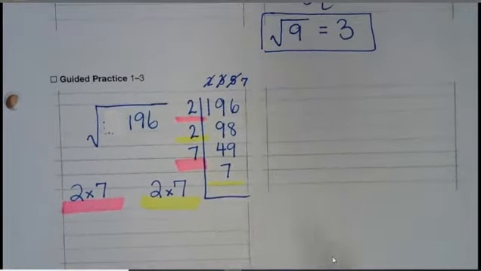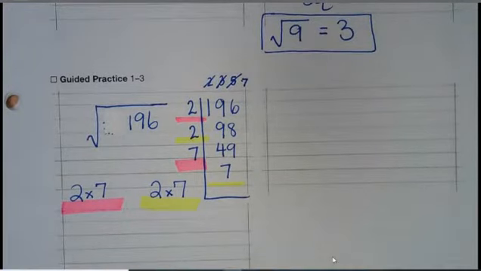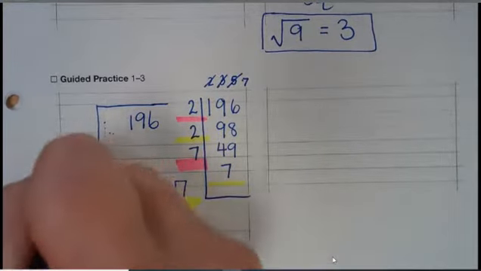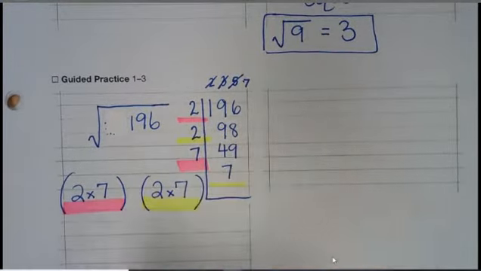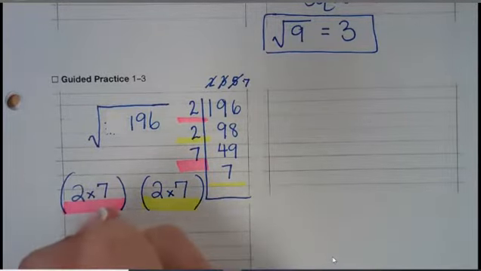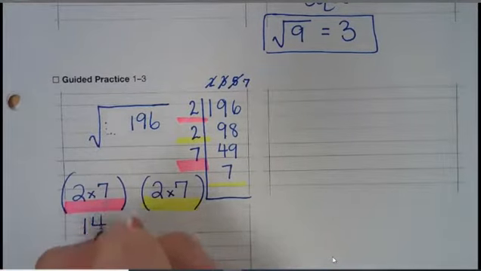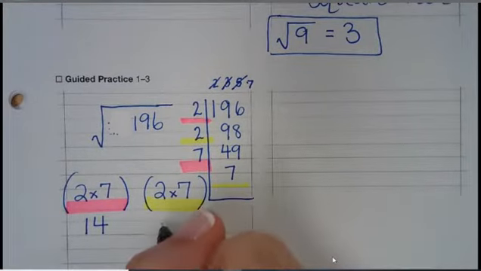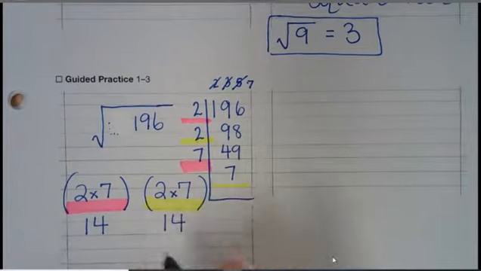These two groups should be equal. Okay, so these two groups are equal. So they both have 2 times 7 in them. Okay, so 2 times 7 is equal to 14. This one's equal to 14.